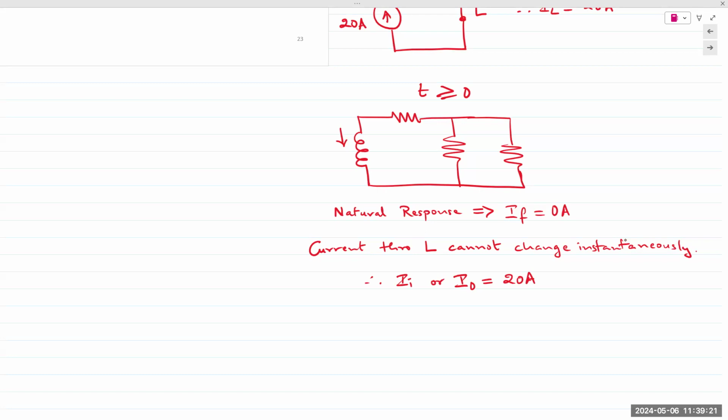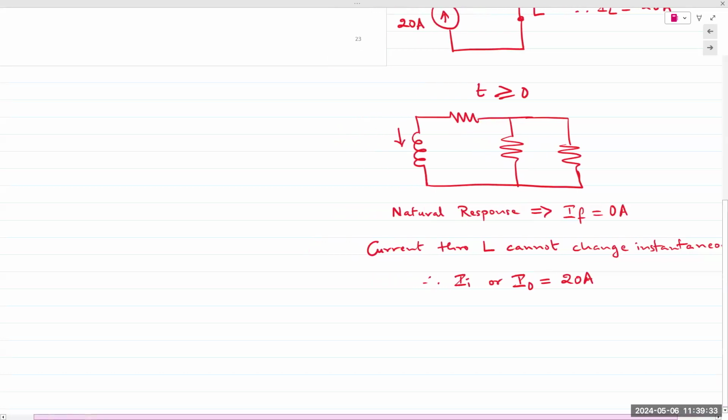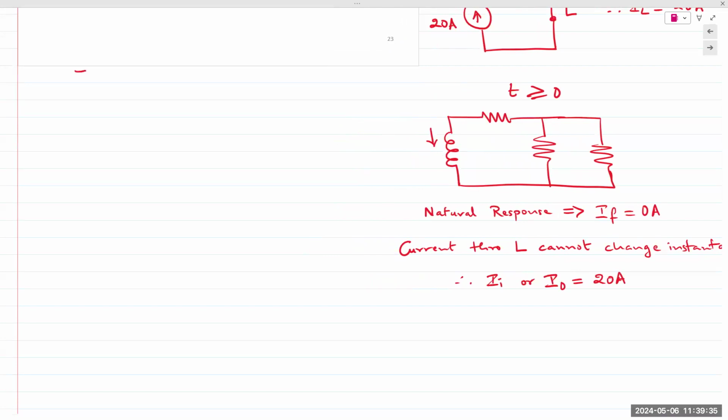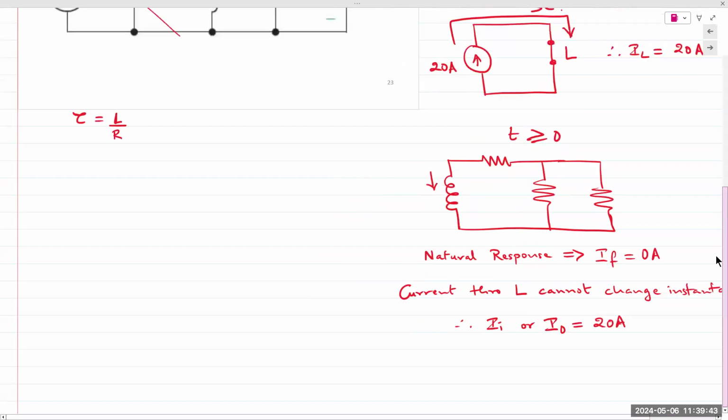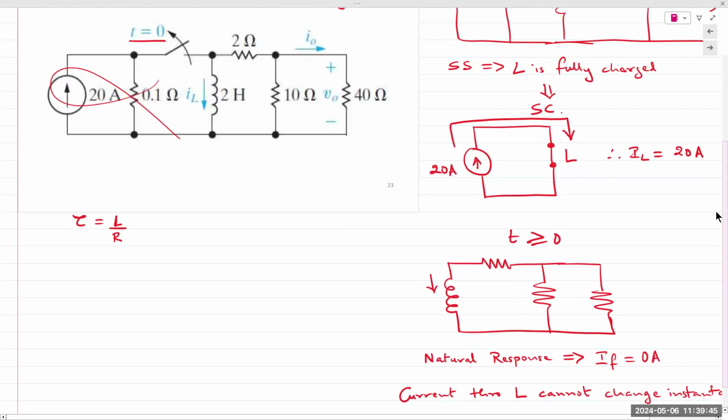We need to find the time constant, the time it will take for it to go from the start to the end. So which resistor do we use? Tau for an inductor RL circuit is L over R. Which of the 4 resistors do we use? 1, 2, 3, 4? Or all of them?